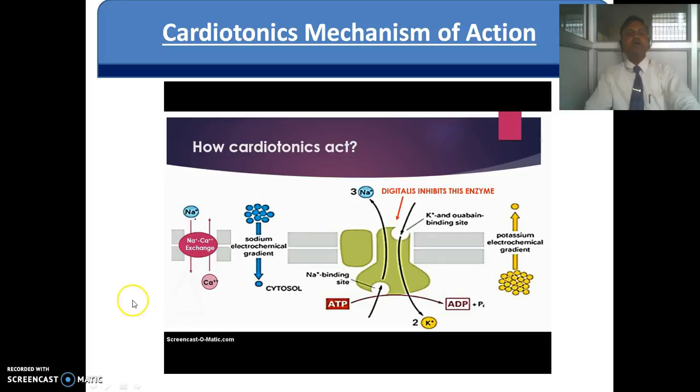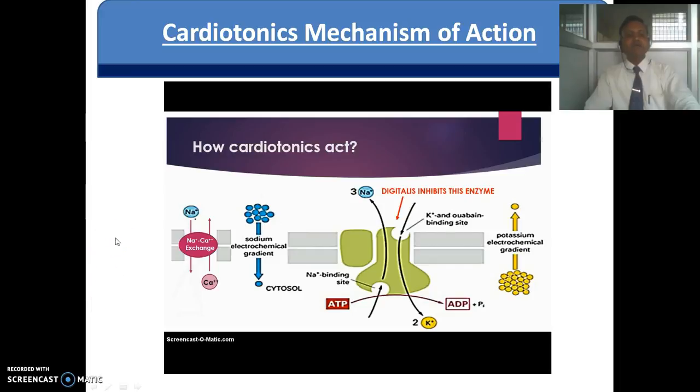This is how the failing heart will regain its ability to pump out the blood. Once the process of muscle contraction is initiated, this will mobilize the accumulated fluid in the circulation. So edema will be reduced and congestion in the circulatory system will be released.